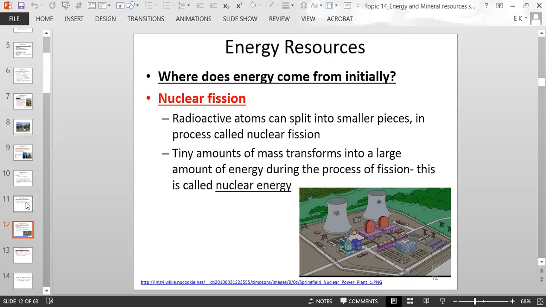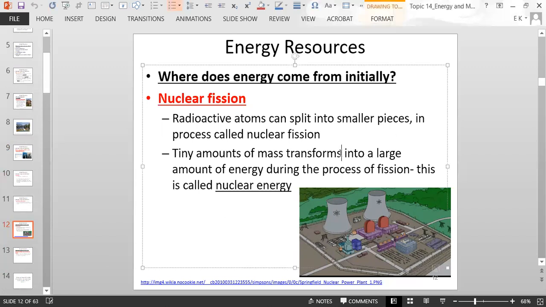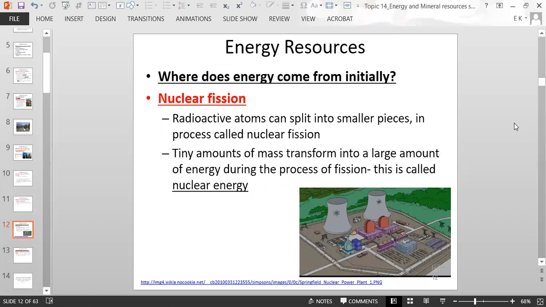And then tiny amounts of mass transform into a large amount of energy during the process of fission. So this could create a lot of energy. And this is called nuclear energy. And this is an image of a nuclear power plant. This is from The Simpsons.